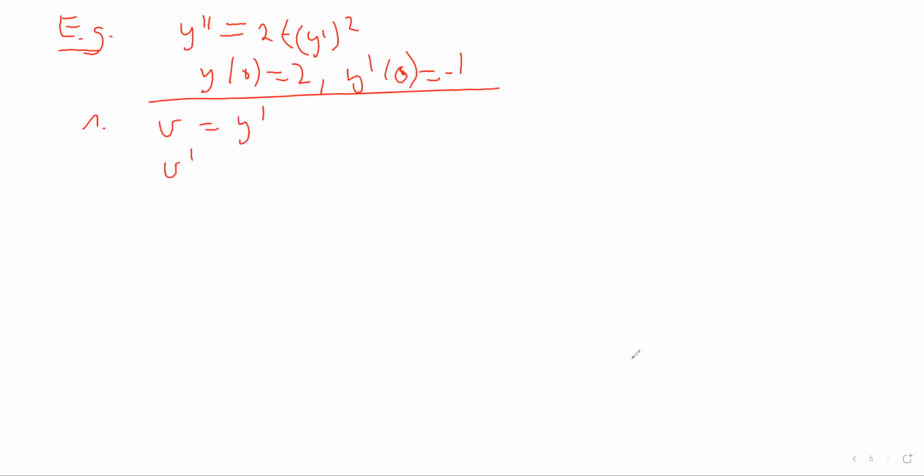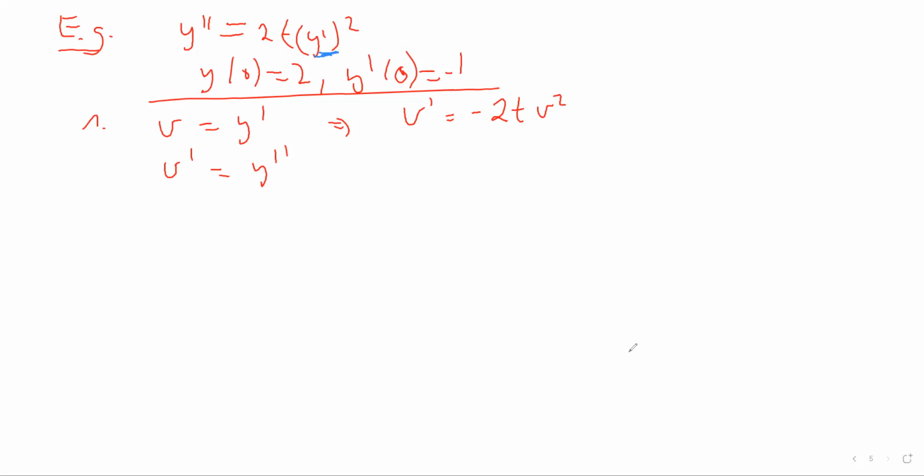Then v prime will be nothing but y double prime. So if you take v to be y prime and v prime to be y double prime, then immediately you see that v prime is equal to nothing else but minus 2t v squared, because y prime is already v that we are substituting.